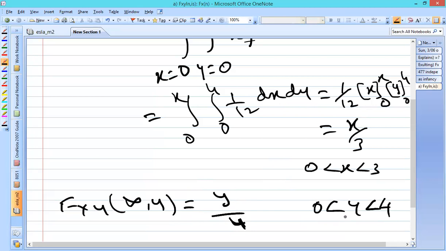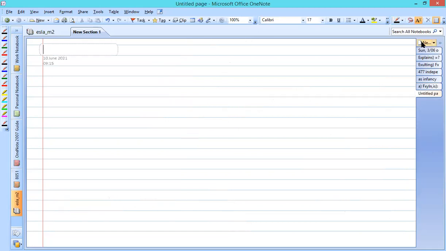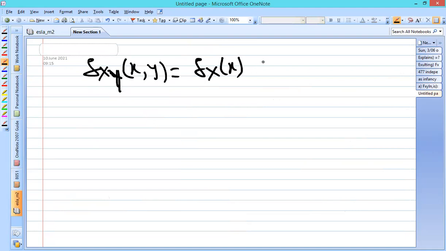And what is the last part? We need to check whether the random variables x and y are independent or not. So in this case, f_XY(x, y) should give the same result as the product of f_X(x) into f_Y(y). So f_XY(x, y) is 1 by 12.